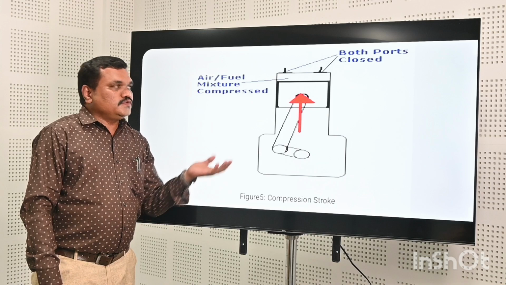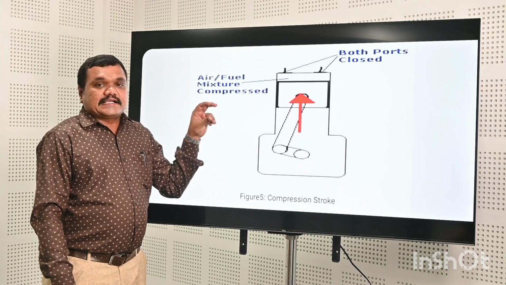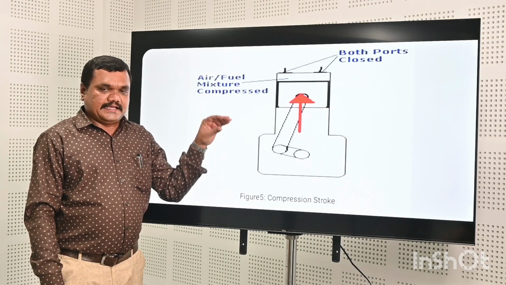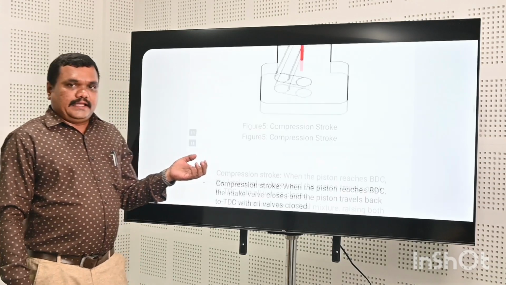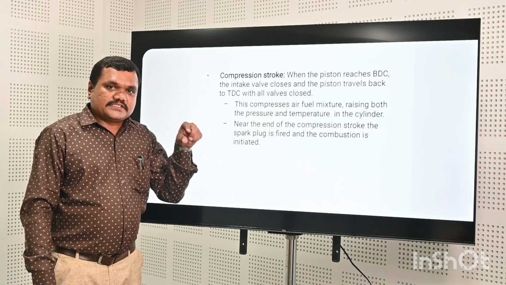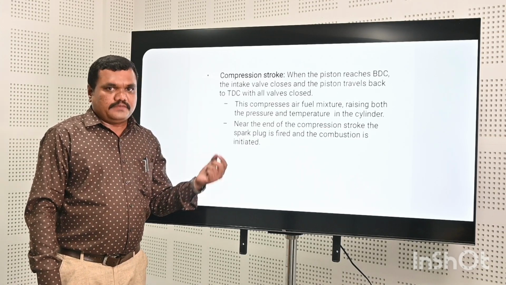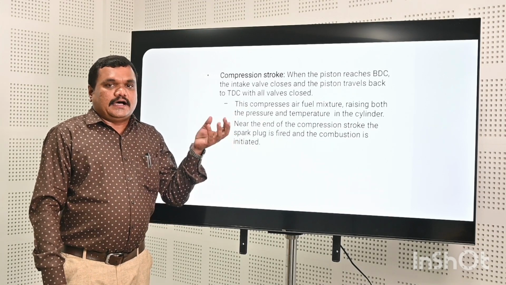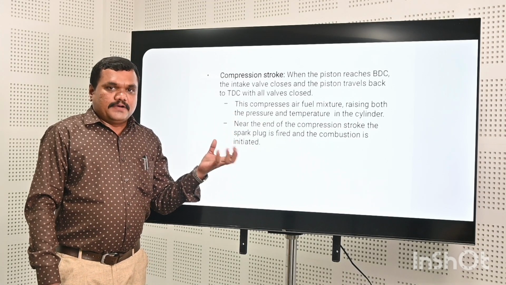When the piston moves upwards, the mixture gets compressed, and the pressure and temperature of the air fuel mixture increase. At the end of the compression stroke, we ignite the high pressure, high temperature air fuel mixture using a spark plug. The spark plug produces the spark and the air fuel mixture gets burnt.